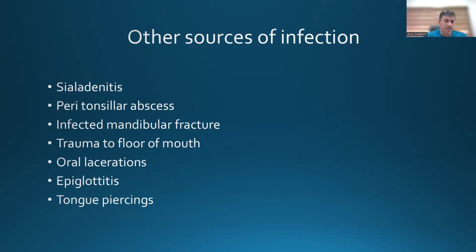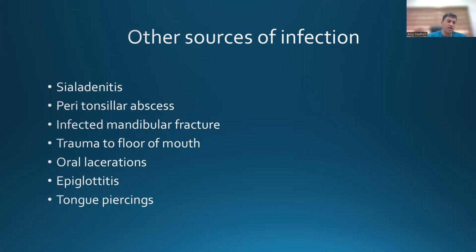Other sources of infection include sialadenitis, that is infection of the submandibular gland or sublingual glands, peritonsillar abscess, which is also known as quinsy, infected mandibular fractures, trauma to the floor of the mouth or puncture wound in the floor of the mouth, oral lacerations which have not received adequate treatment. Epiglottitis.